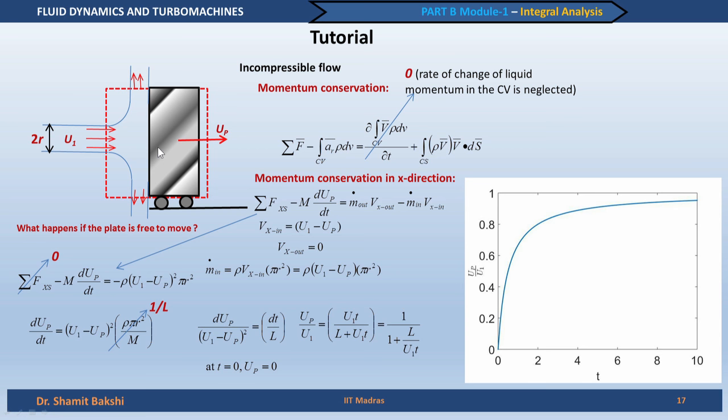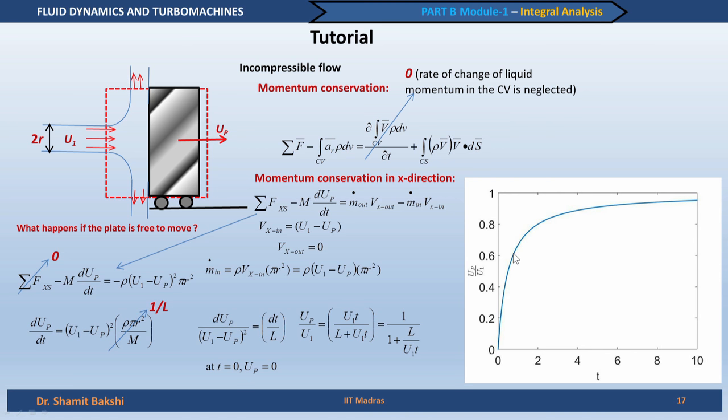So, the force acting on the plate gradually reduces, because what is important for the force is u1 minus up, and that value will reduce as up comes closer to u1. So, the plate starts from rest and accelerates. As it accelerates, the force acting on it reduces constantly.